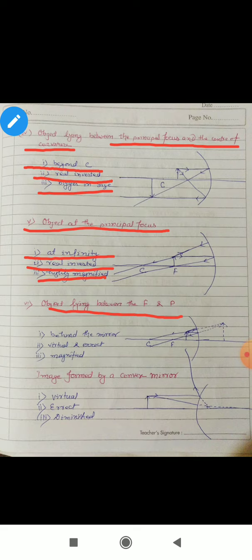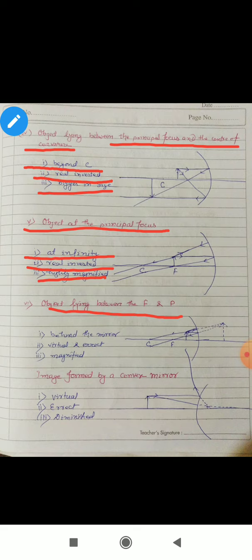So in this case, student, again we'll see two rays. One ray which is parallel to the principal axis. After reflection, it will pass through the focus. Second ray which seems to come from the focus. After reflection, it will become parallel to the principal axis.